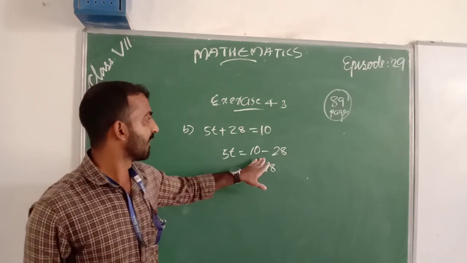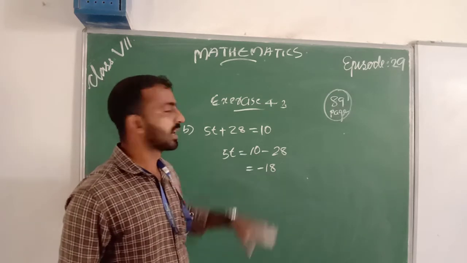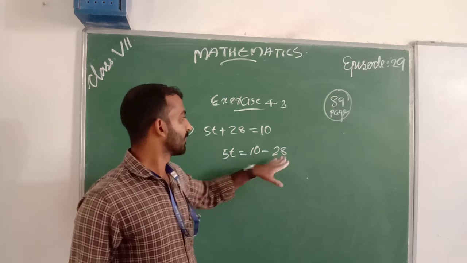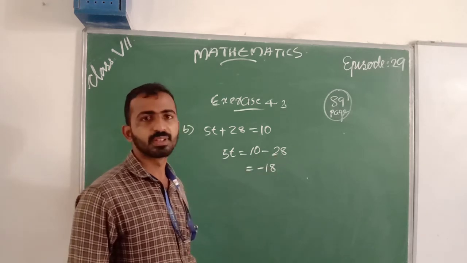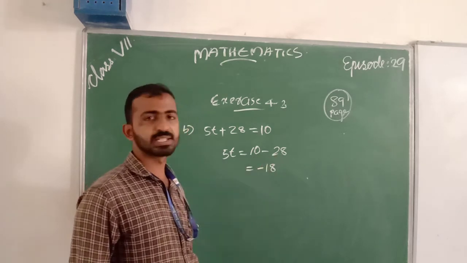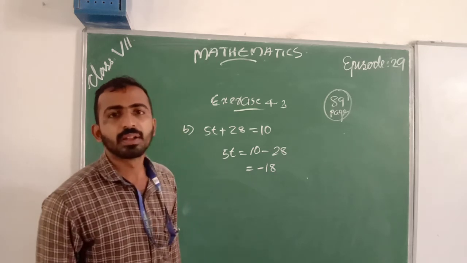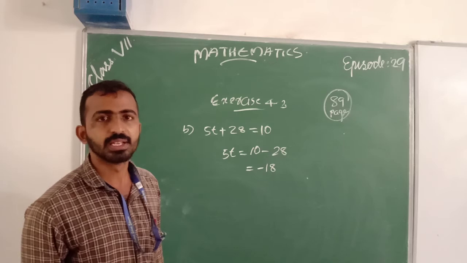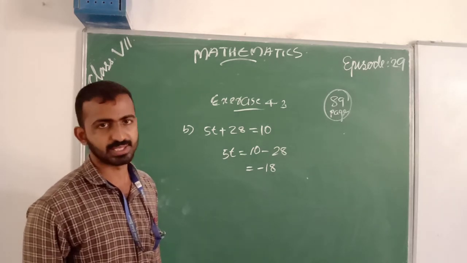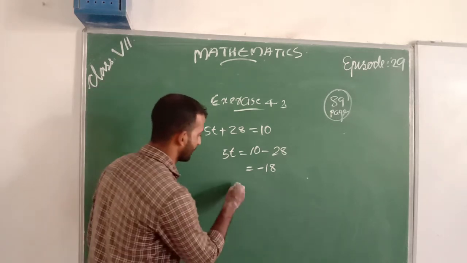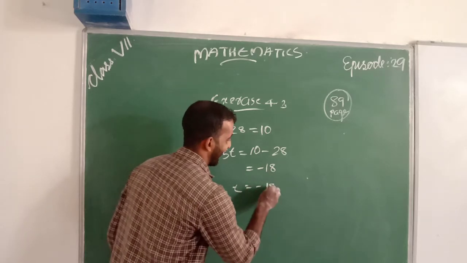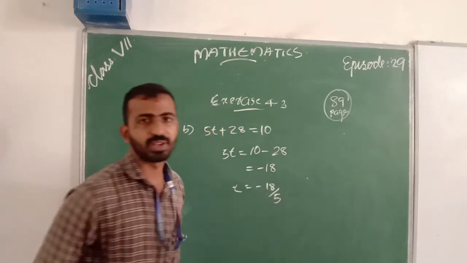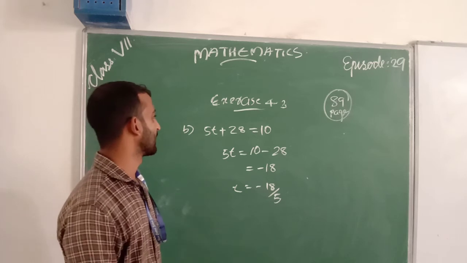When we subtract 10 minus 28, we take the difference and put the bigger integer's sign. So t equal to negative 18 by 5.